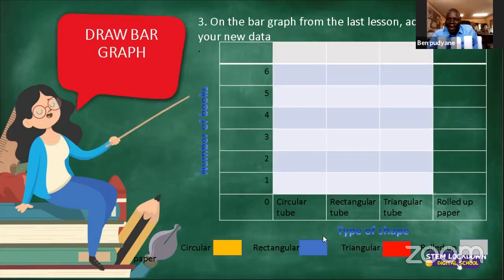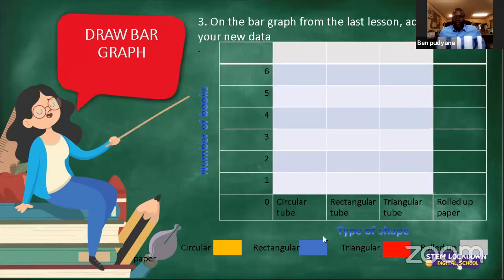And then on the rolled up paper, the last one, the one without the colors, according to my investigation, it was 10 books before it could break. But do your own investigation, record the data and transfer it to this graph. It will give us different results, but the fact is that the rolled up one will carry more load than the rest of the paper tubes.